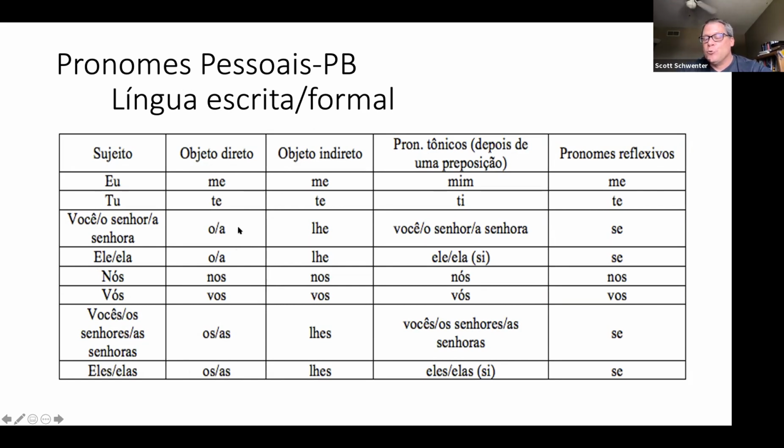Not all of them are used anymore. A lot of them have faded by the wayside in Brazilian Portuguese. Same goes for some of the ones here. I probably could have included, but I didn't think I would have enough time to talk about reflexive pronouns. In Brazilian Portuguese, a lot of things that you would think would be reflexive because of your knowledge of Spanish are not.